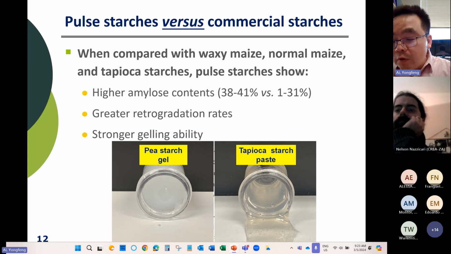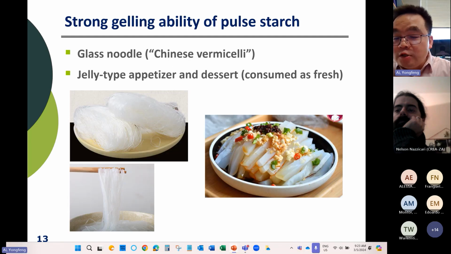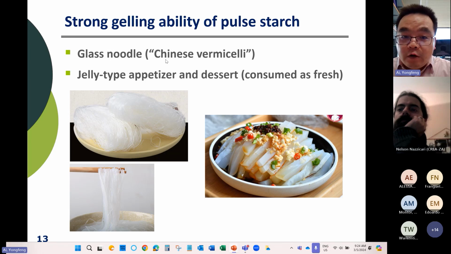So why is this important? When we look at some of the applications of starch in the market, the food industry already makes very good use of the strong gelling ability of pulse starch. I already showed you the example of glass noodle, or another name we call Chinese vermicelli. You can see this product.